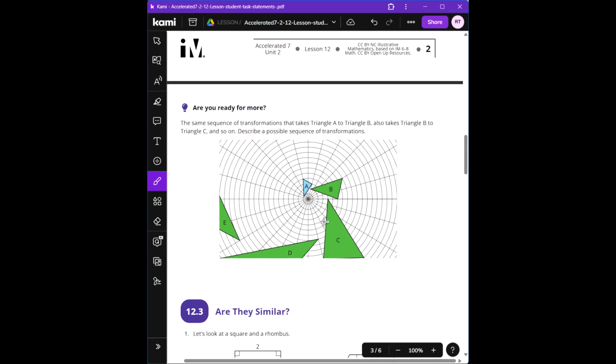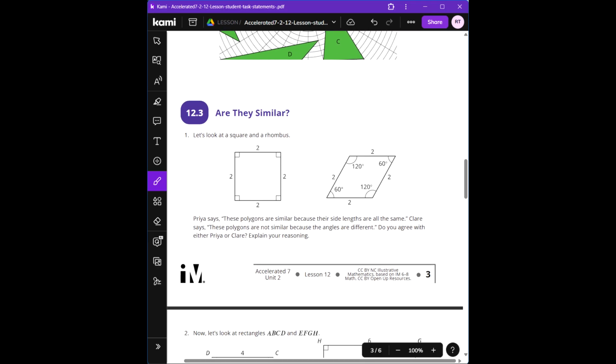Okay, so let's do 12.3. For 12.3, let's look at a square and a rhombus. Priya says these polygons are similar because their side lengths are all the same. Claire says these polygons are not similar because the angles are different. Do you agree with Priya or Claire? And then explain your reasoning.